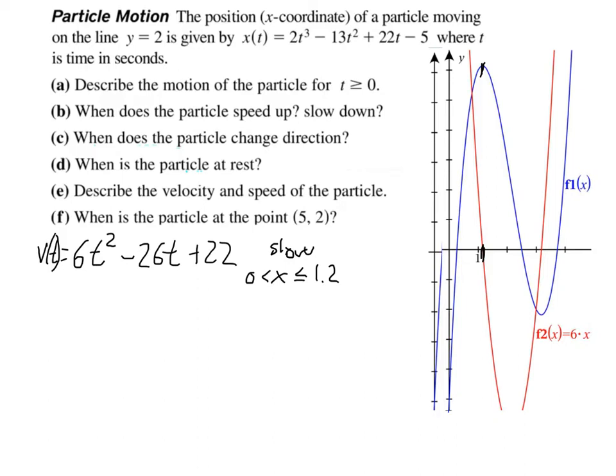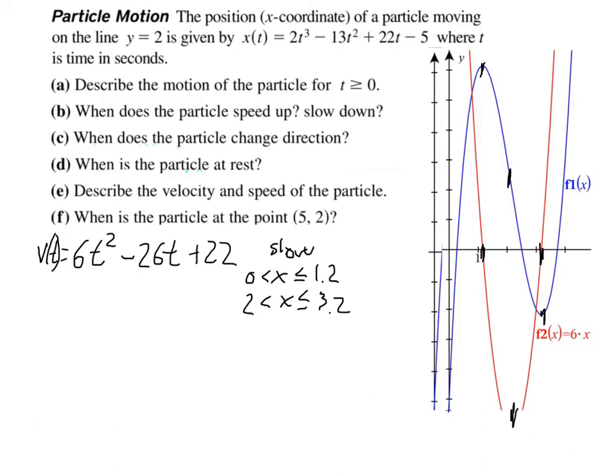Then it speeds up till it hits about this point, which is the bottom of the parabola here. I'll say that's 2 seconds. I'm kind of estimating. Then it slows down again from 2 less than x less than or equal to, up until it hits, I would say that mark, which is this 0 mark here. We'll say that's at 3.2, and then it speeds up during the other time.